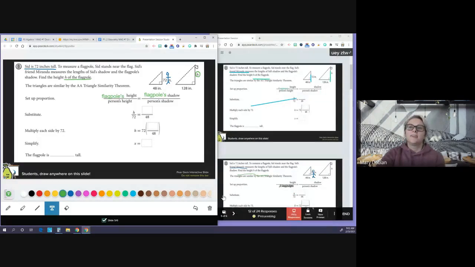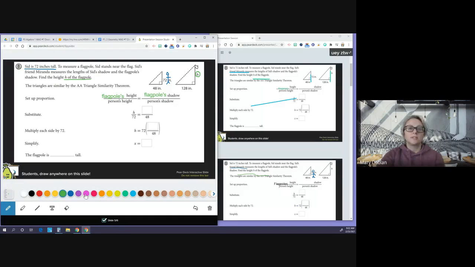Okay. And now we're going to substitute next. So the first step here, step 1, was to set up a proportion. Okay. Now we're going to move on to step 2. Step 2 is to substitute.